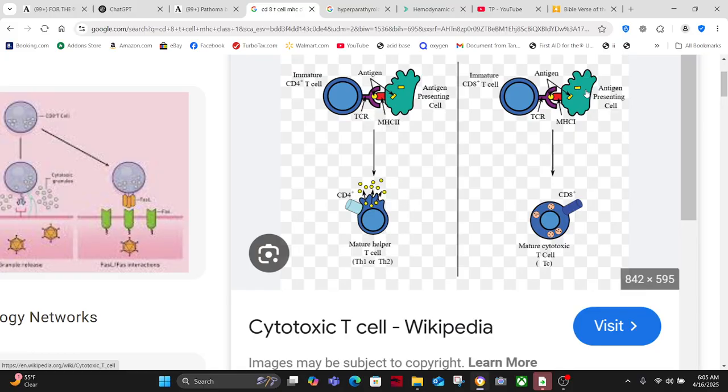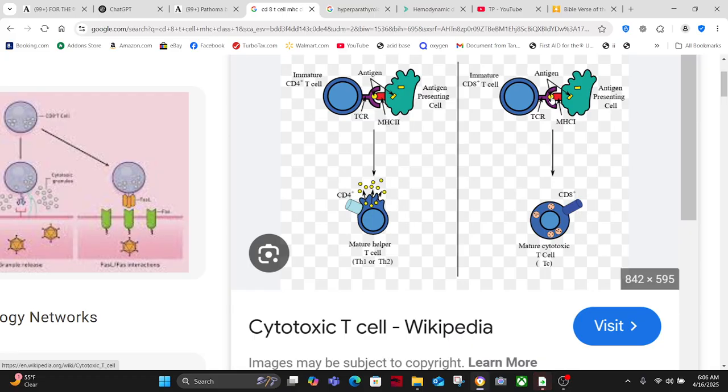APCs can be macrophages or dendritic cells. They are the ones who always present the antigen. This red thing is a part of the APC that is known as MHC class 1. There's also MHC class 2, which is right here. They are the ones who present a foreigner.